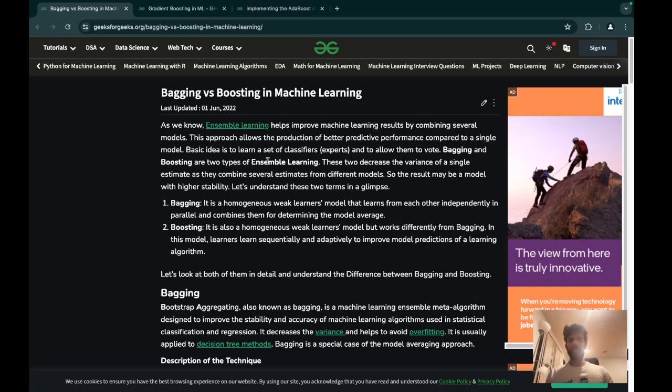So basically, ensemble learning is sort of like taking a bunch of different machine learning models, and yeah, kind of remember now it's bagging and boosting, but I don't remember. I kind of remember what ensemble learning is.